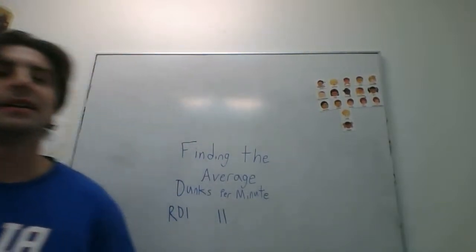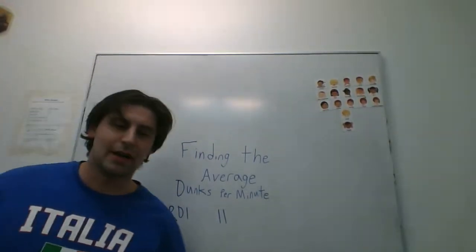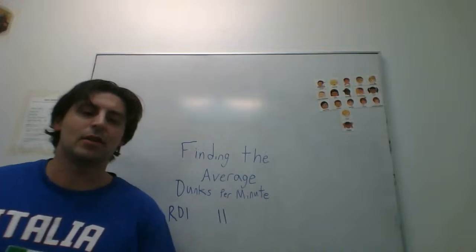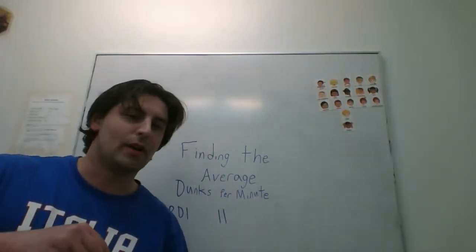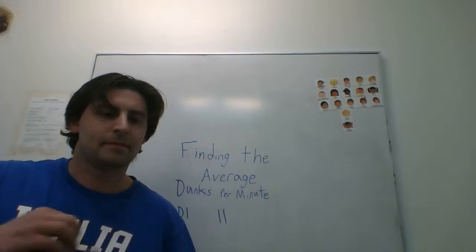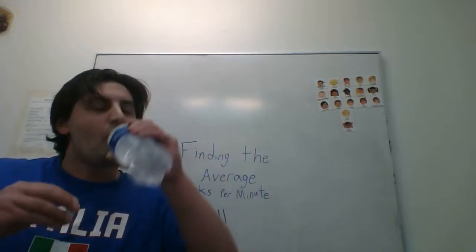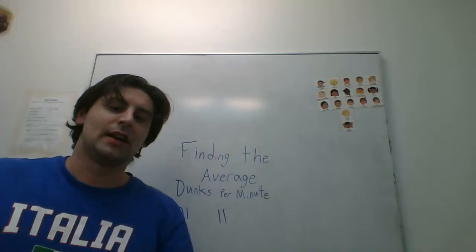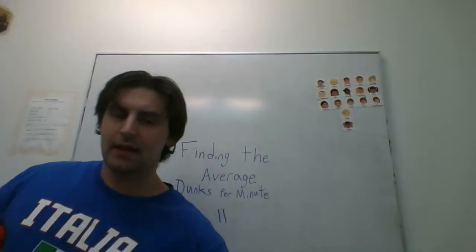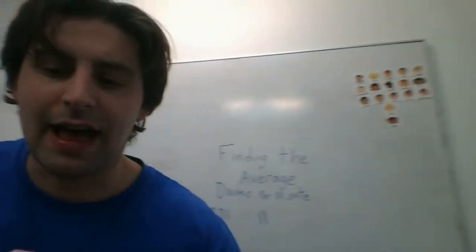All right. Round 2. I'm going to set the timer for round 2. Always remember to hydrate when you're working out. Very, very important. Always make sure you drink water. All right. So now I'm putting another minute on the clock, and I'm getting in as many more dunks as I can for round 2.